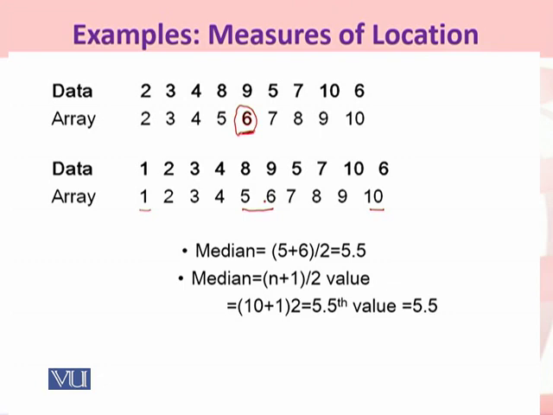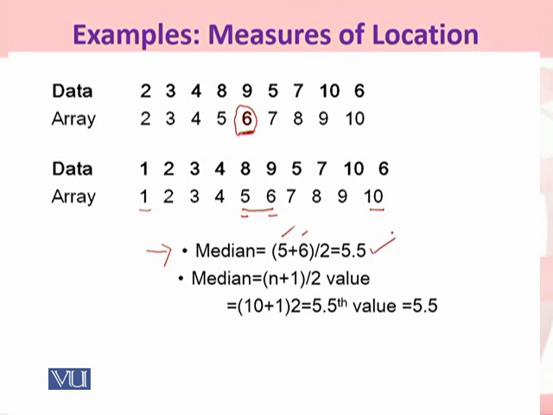But we need a single value, as we said it has to be a point estimate. So, we take the average of 5 and 6. It is shown in this equation that the median is calculated as the average of these two middle values, 5 and 6. We sum them up and divide by 2, and we get the median as 5.5.